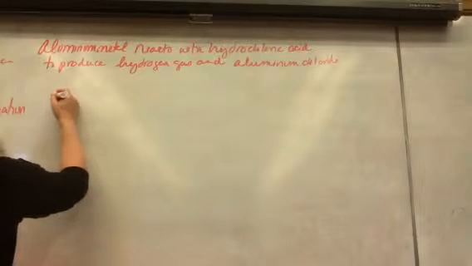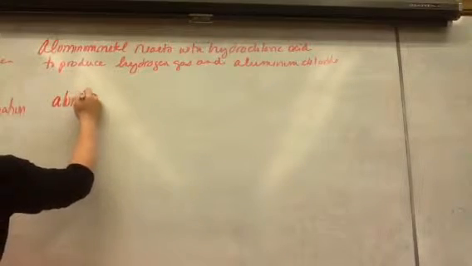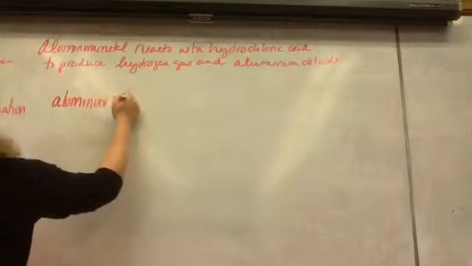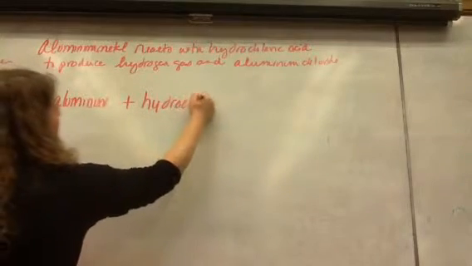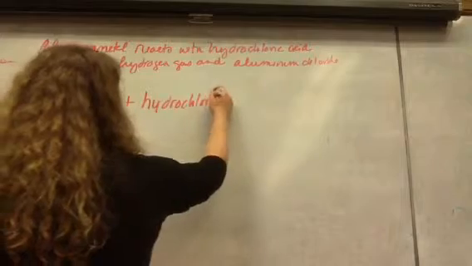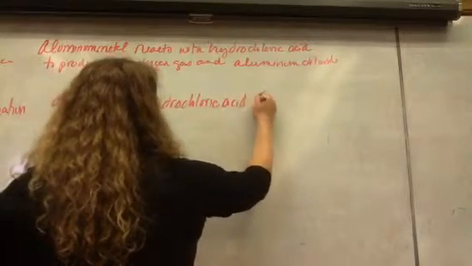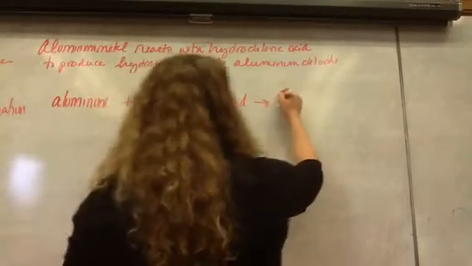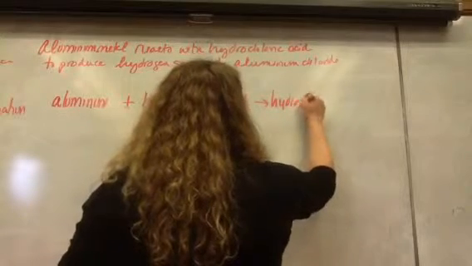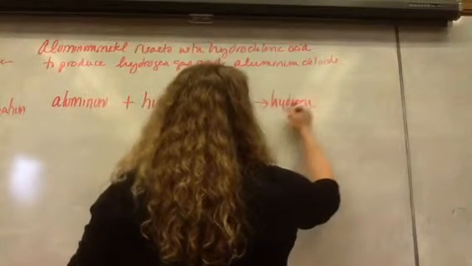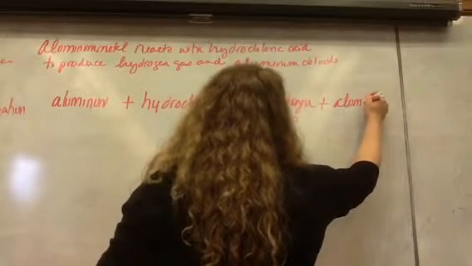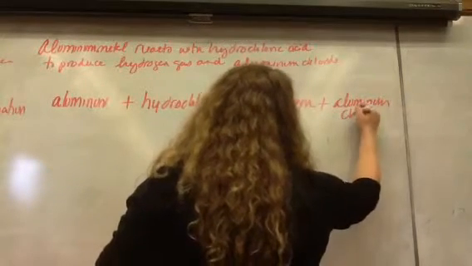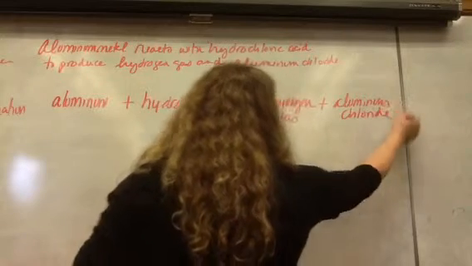So a word equation looks like this. Aluminum plus hydrochloric acid yields hydrogen gas plus aluminum chloride.